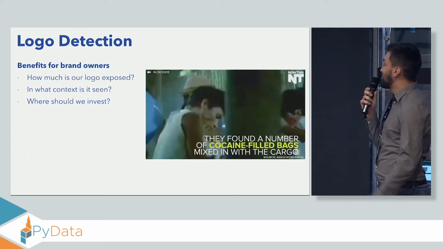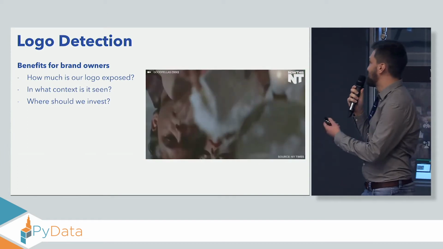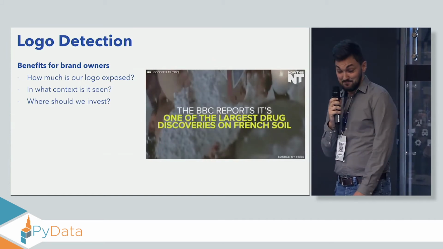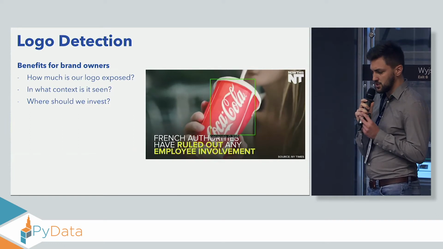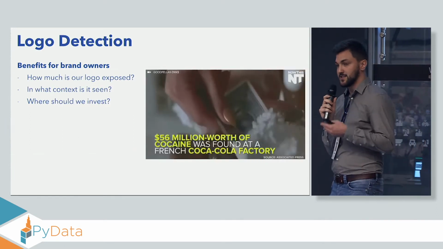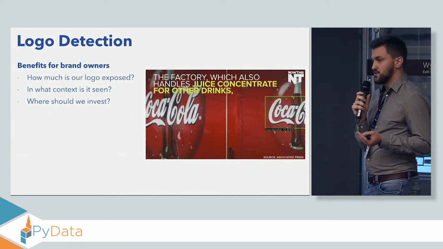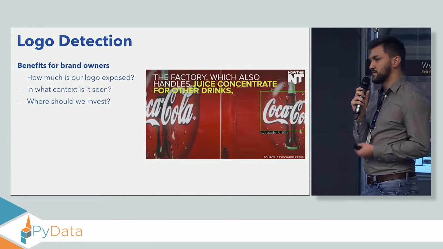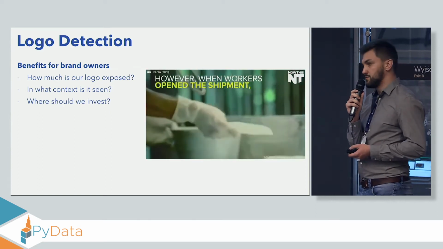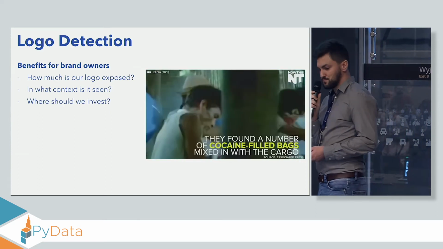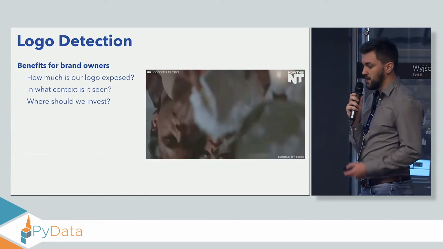So if, for example, you're Coca-Cola, you want to know how much your logo is exposed, in what context it is seen, is it positive or negative sentiment, and maybe where brand owners should invest when they sponsor some events, how much the brand is really visible. So I think it's worth investigating.